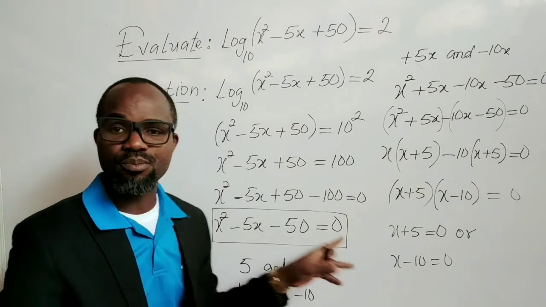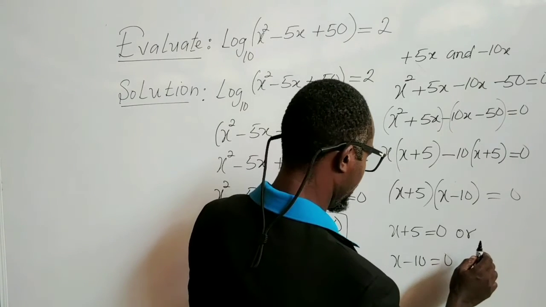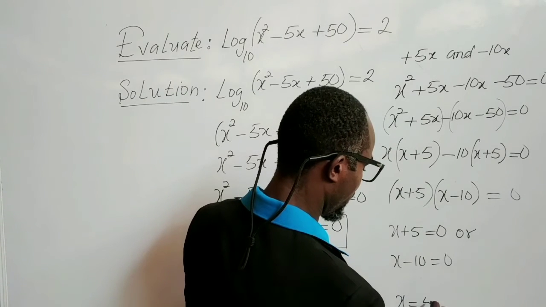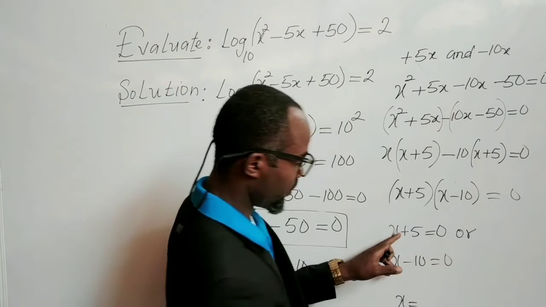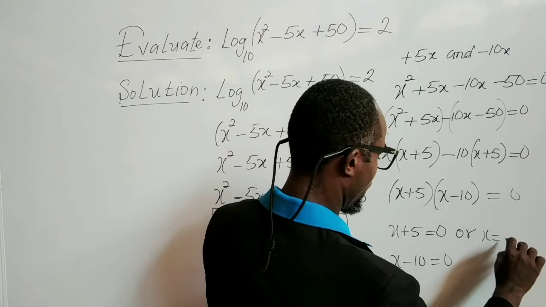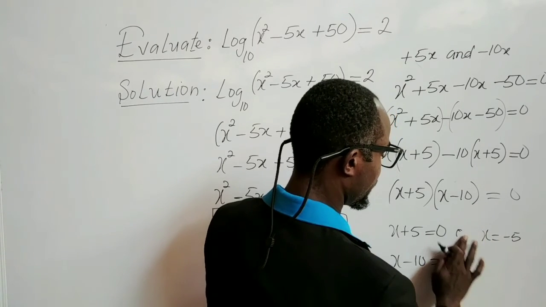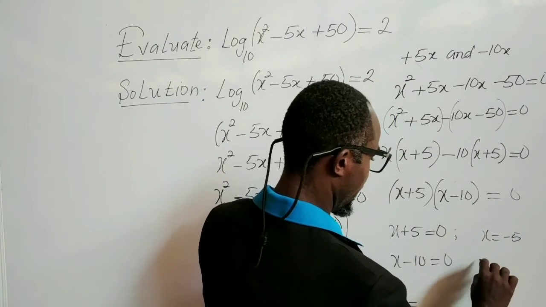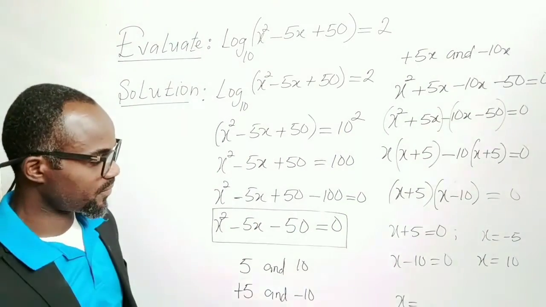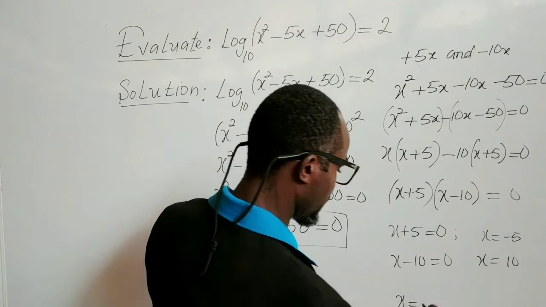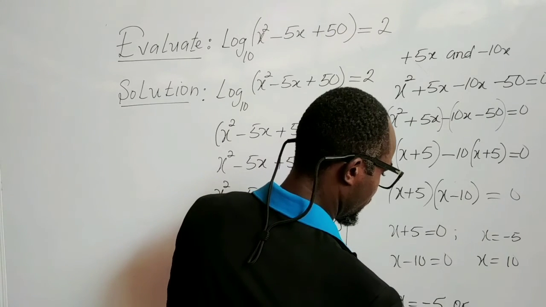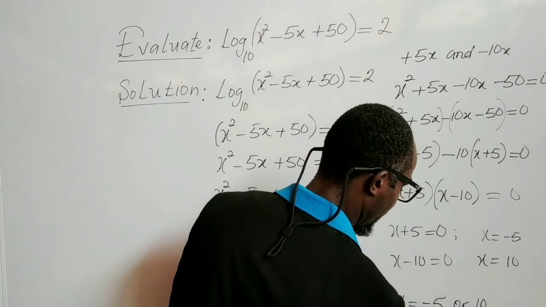So x is equal to minus 5, and x here is equal to 10. That is what it means. Our final solution set becomes minus 5 or 10.